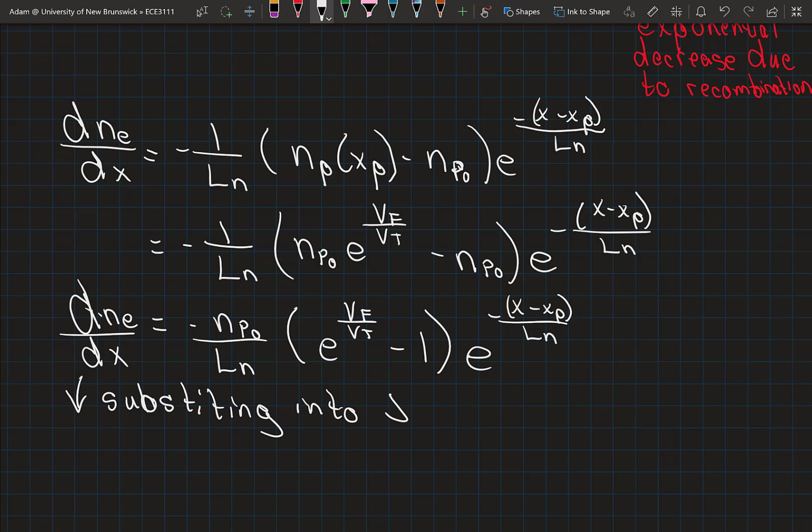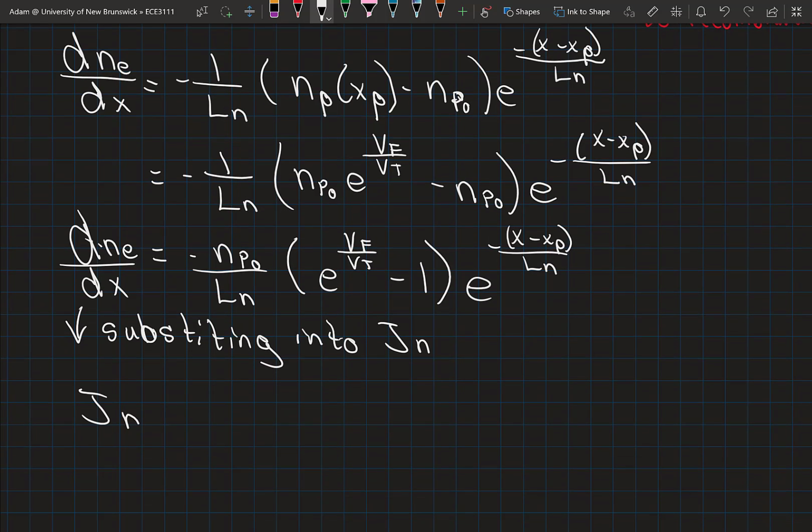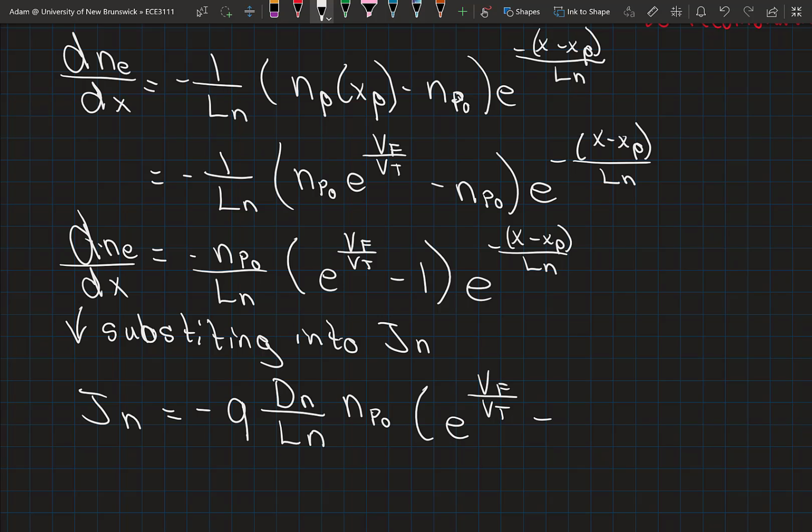Substituting this into my current density expression, I get a current density that is minus q times my diffusion constant divided by my diffusion length, times my thermally generated concentration, or my unbiased concentration, times e to the forward voltage divided by Vt minus 1, and this all times e to the minus x for xp times the length of n. Or my diffusion length.